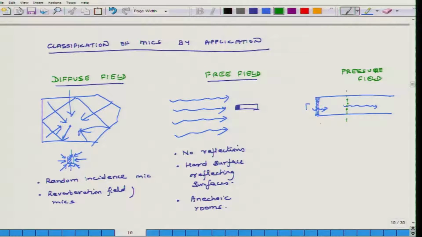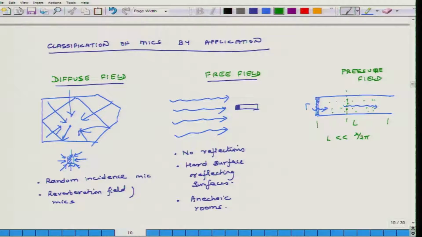And if the length of this tube is very small compared to 1/6 of the wavelength, then sound is not only having the same value across the cross section, but it will also have the same value at different points in the tube.